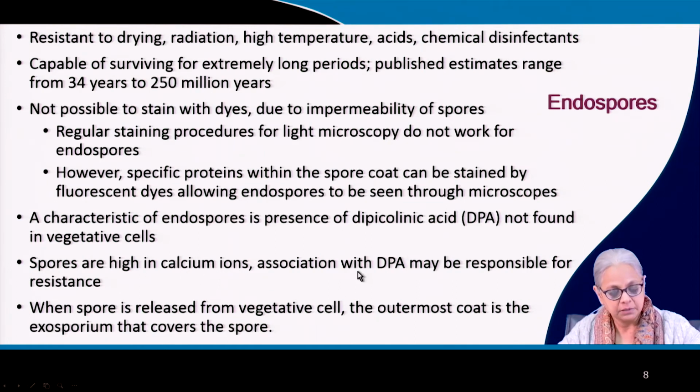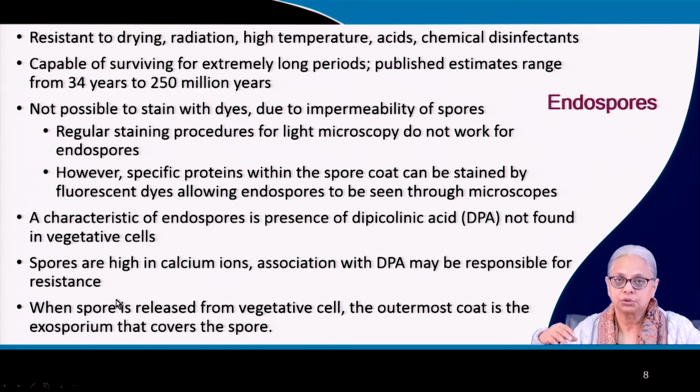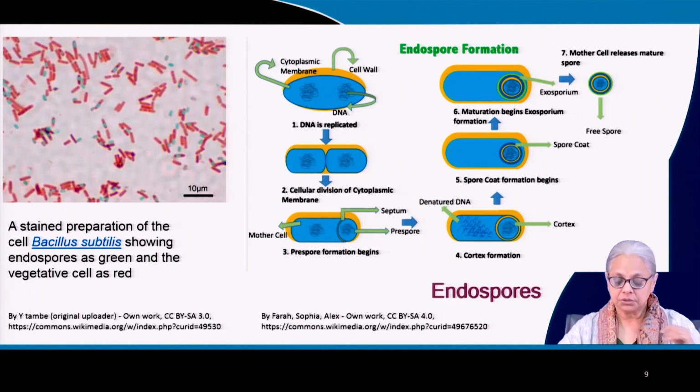The calcium is assumed to be associated with DPA, and that may be providing resistance of the endospore to all these hostile conditions mentioned at the top. When the spore is released from the vegetative cell, the outermost coat is called the exosporium, which provides protection to the spores. So let's go to how endospores are formed.